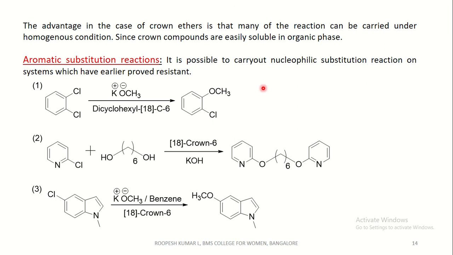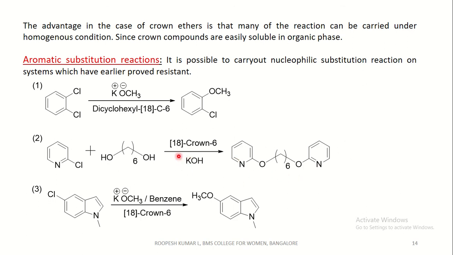This is an example of a substitution reaction where chloride is substituted by a methoxy group. Coming to the second example, this chloropyridine reacts with a diol in the presence of KOH and 18-crown-6 to give the dimer, that is, pyridine at the two ends.